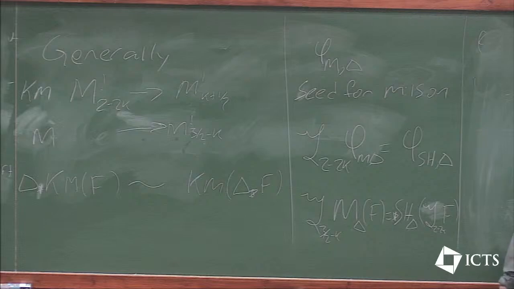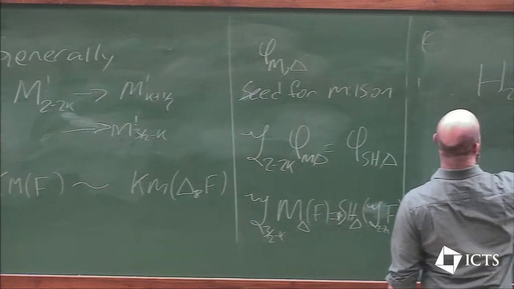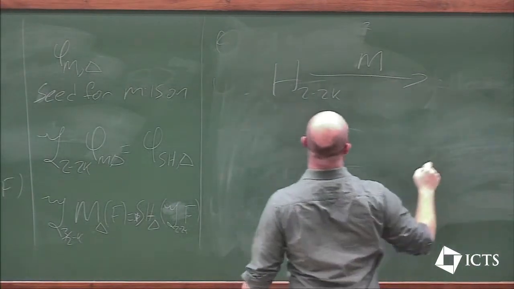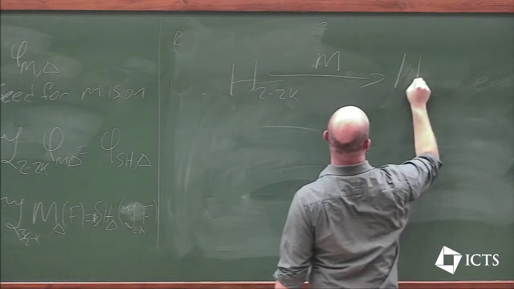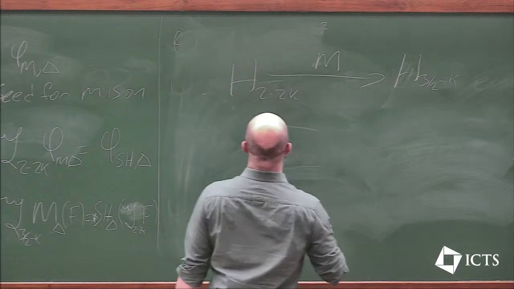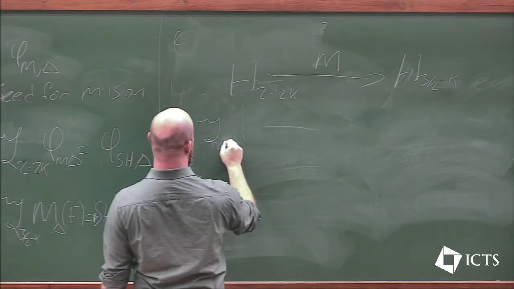So the diagram that we have here is, okay, H of 2 minus 2k, we move over here using the Millson map to H of 3/2 minus k, and then we move down here using the Xi operator, 2 minus 2k.